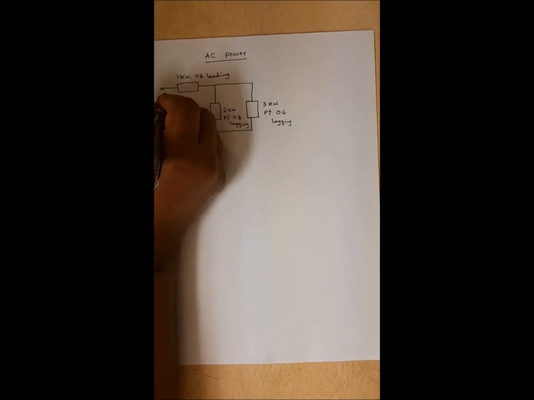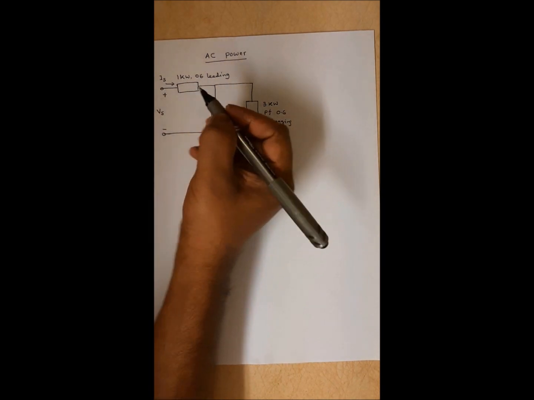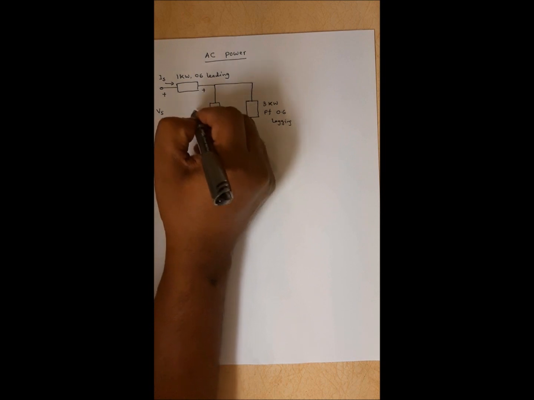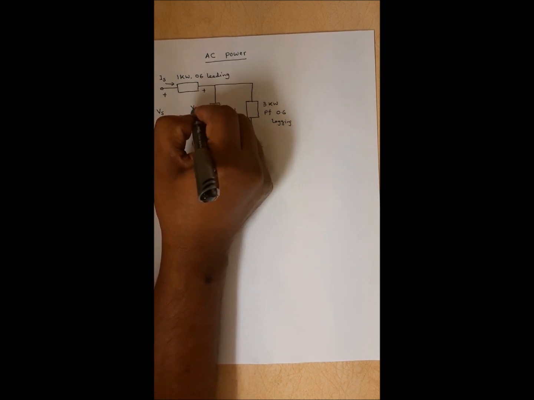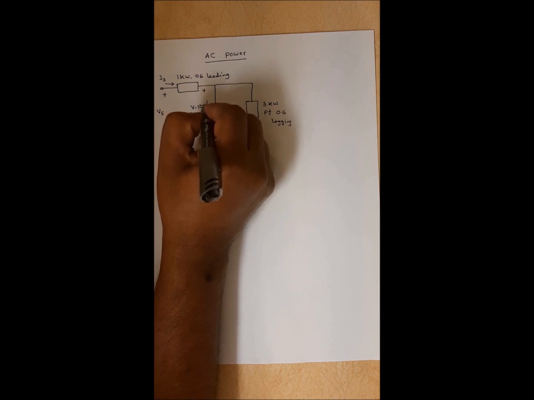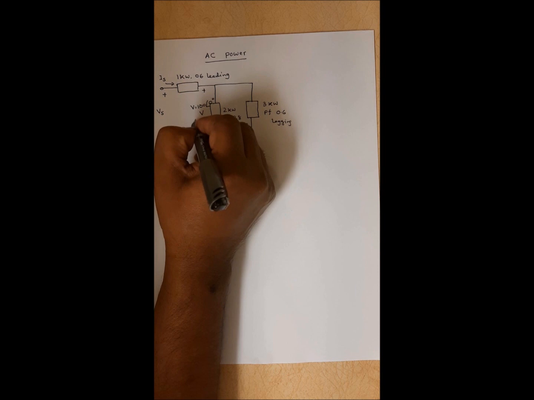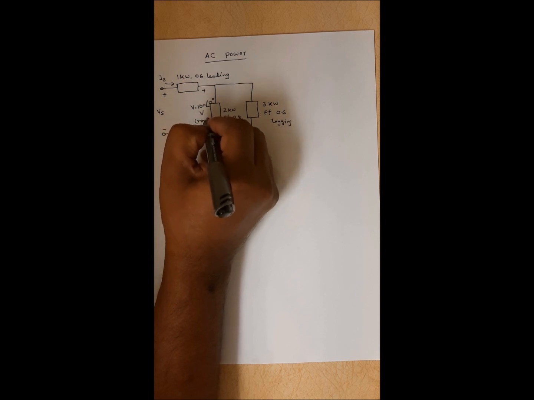You need to find the supply voltage and the supply current, and also the voltage over here is given. Let's say this voltage is 100 volt, angle 0 degrees, and this value is given in RMS.